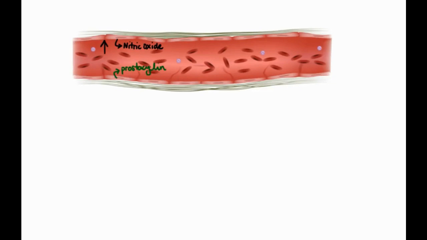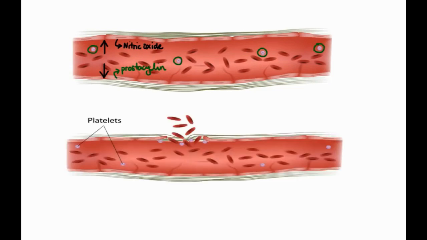The job of nitric oxide is to dilate the blood vessel walls, whereas prostacyclin binds to specific receptors on the platelets, which prevents platelet activation or platelet aggregation.